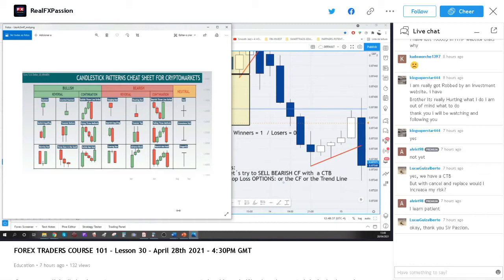So back to the lesson, everybody. Number 1, is this a counter trendline break? And number 2, is this a bearish candlestick formation? Not bothering with the names, whether it's bearish, engulfing, shooting star.